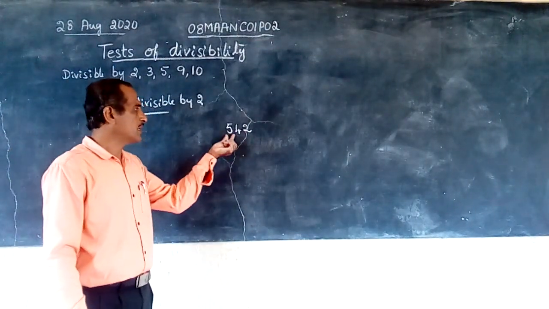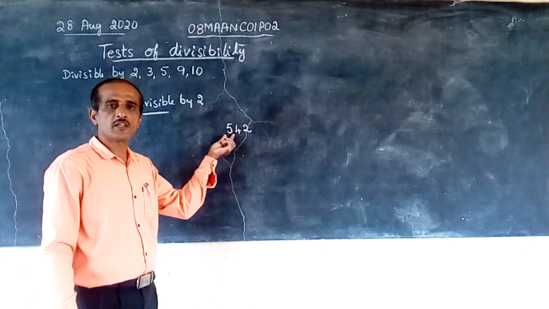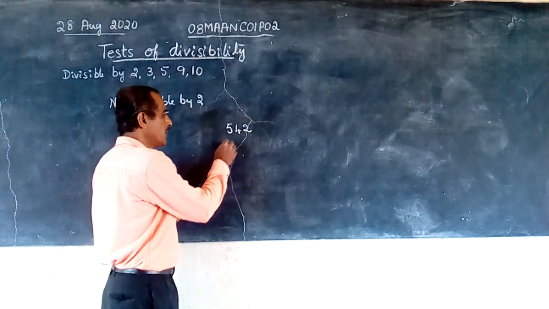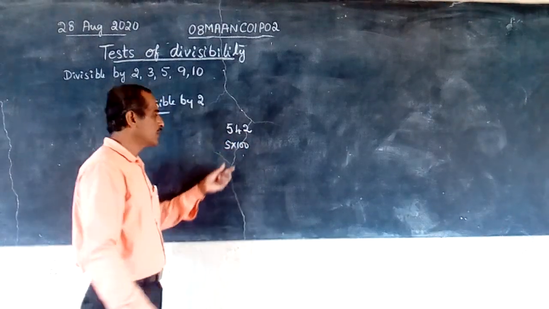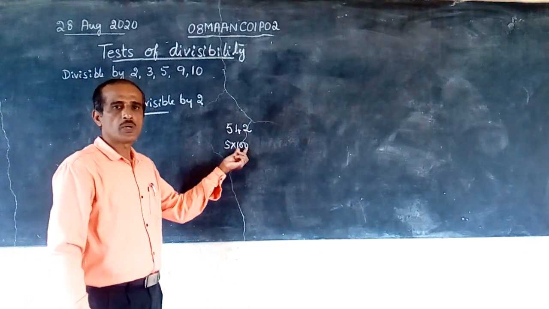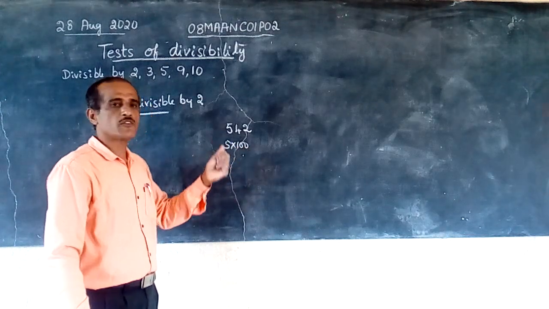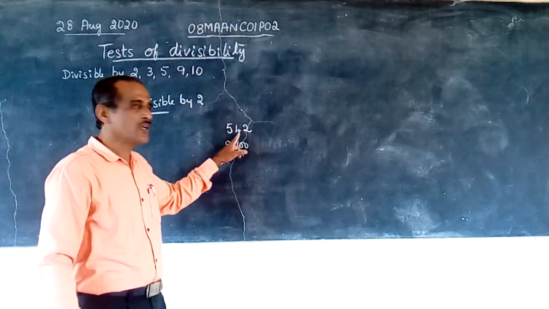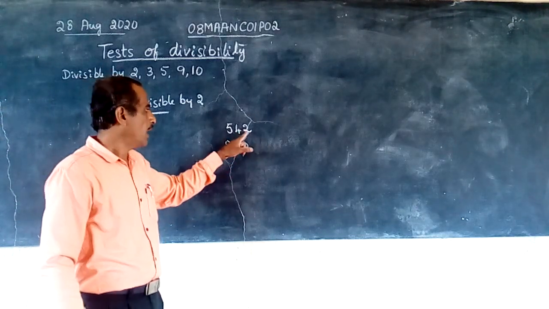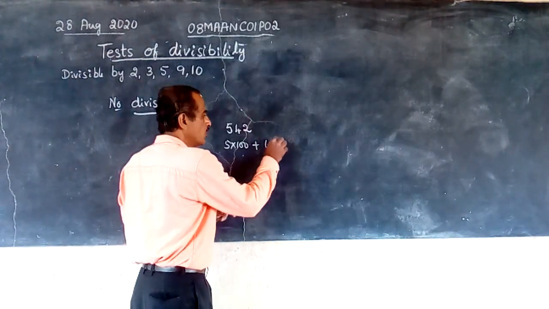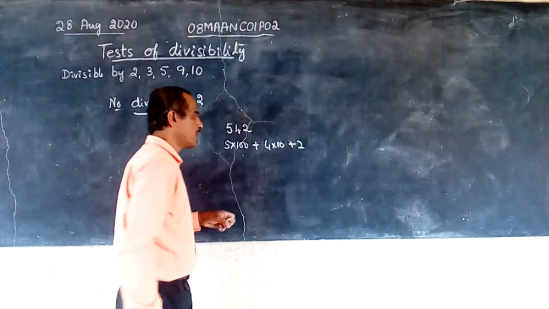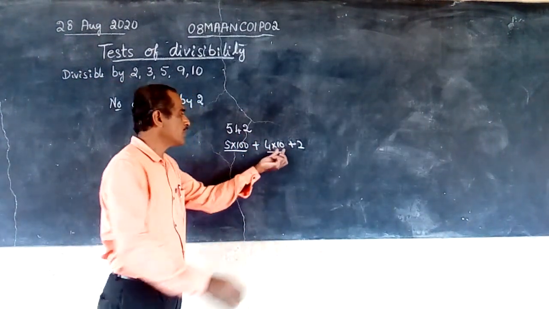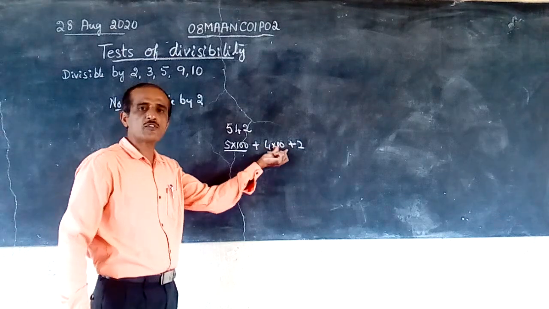See here, the expanded form you know: 5 into 100 plus 4 into 10 plus 2. 100 is divisible by 2, so 5 into 100 is also divisible by 2. Then 4 into 10, 10 is divisible by 2, and 4 into 10 is also divisible by 2.